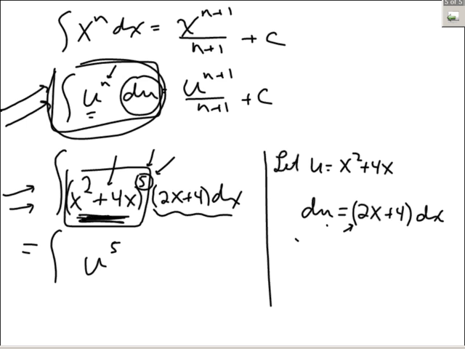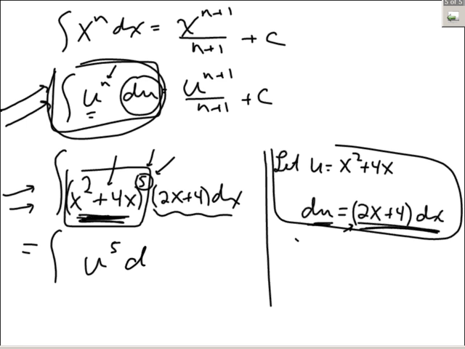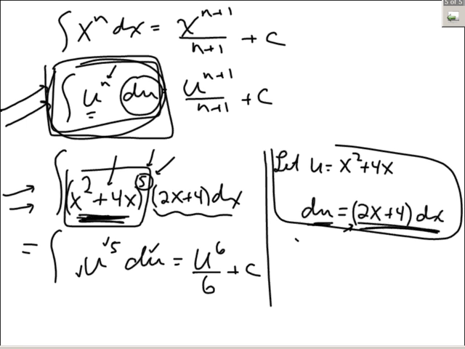And this part, looking at my substitution, it says right here, that's du. Oh, now it's in the form of this. U to a power, du. That's a piece of cake. That's u to the 1 more divided by that number, plus c.